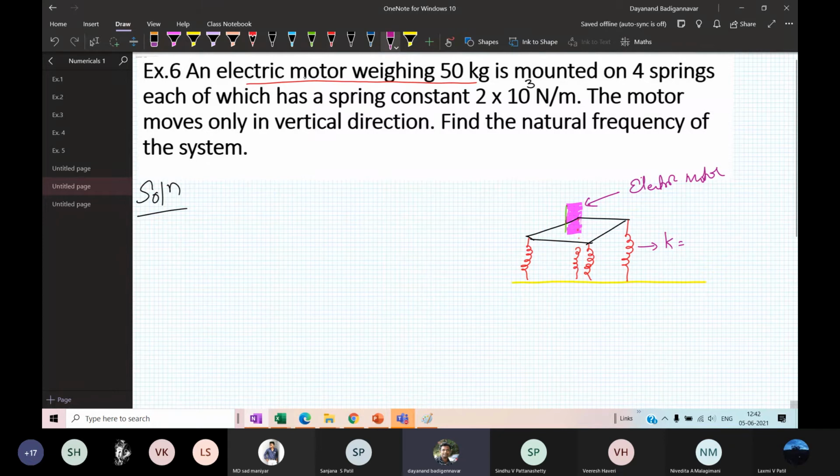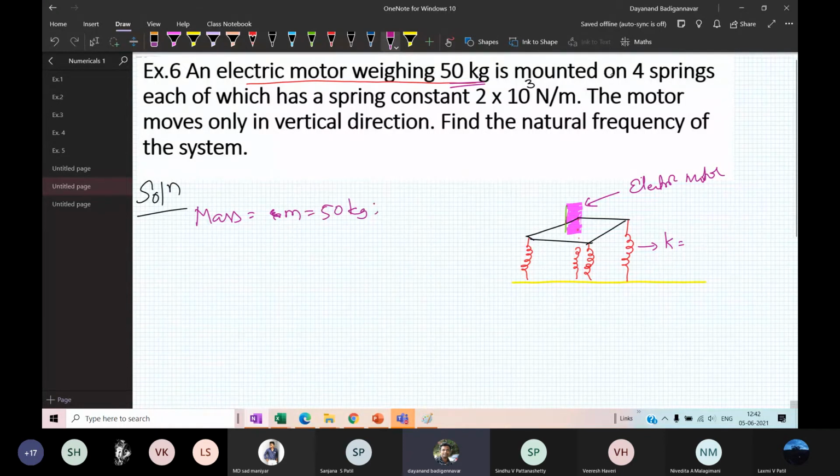An electric motor weighing 50 kg. Weighing means mass. The mass is given by 50 kg, so m is equal to 50 kg.